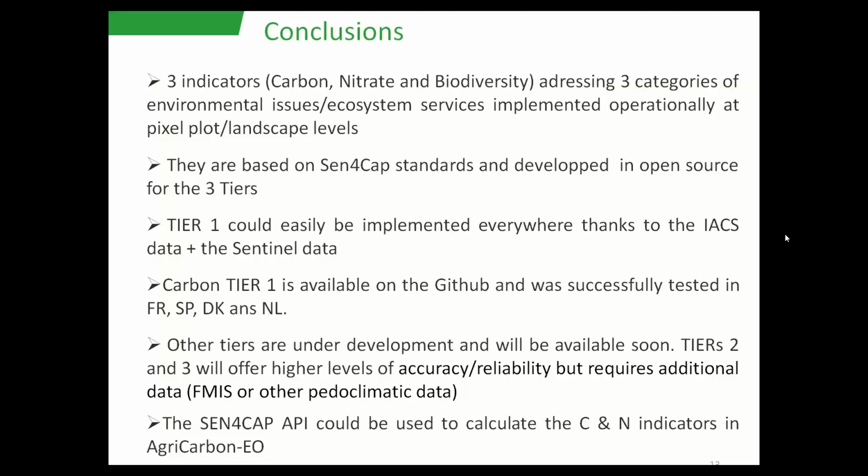So in the end, the Sen4CAP API could be used to calculate, for instance, the carbon and nitrogen indicators through the AgriCarbon Hero, and that's something that we will have to implement in the coming months.